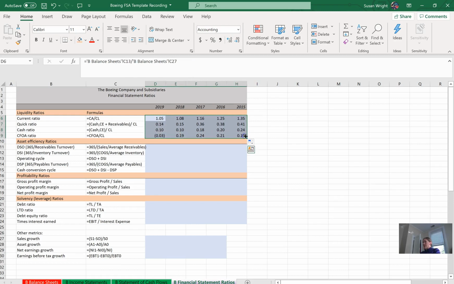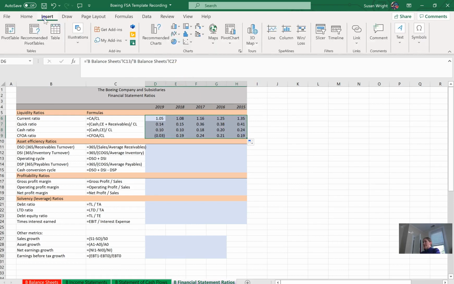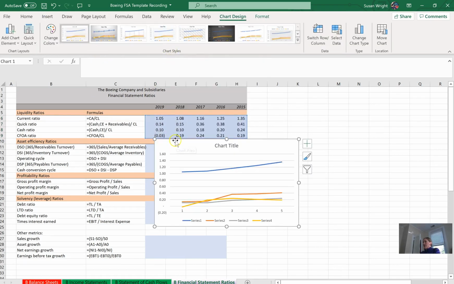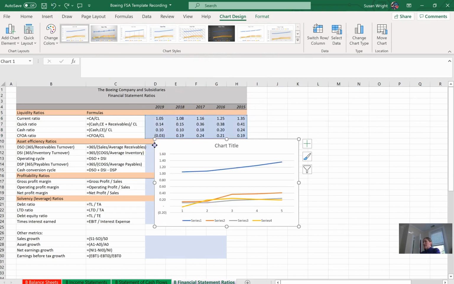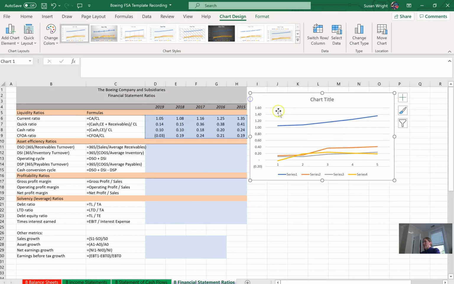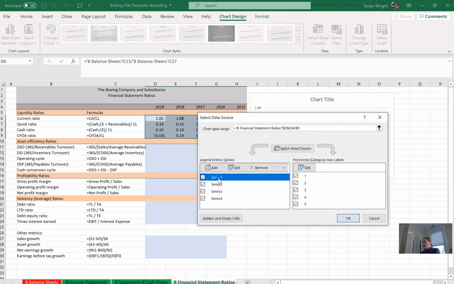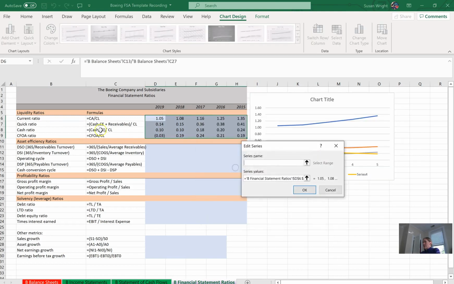So if we grab a hold of all of those and we go to insert and go to line graphs and we put that together, oof, it's not pretty. Whoops, sorry. Try that again. Grab onto the chart, slide it over here. All right, let's right click on the chart, go to Select Data, and let's fix these up. So edit, that one's the current ratio.